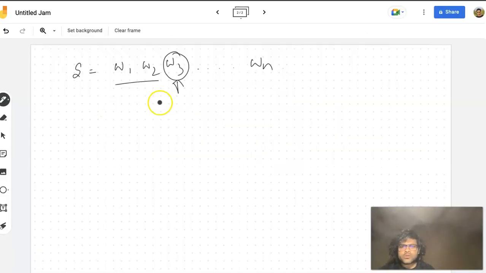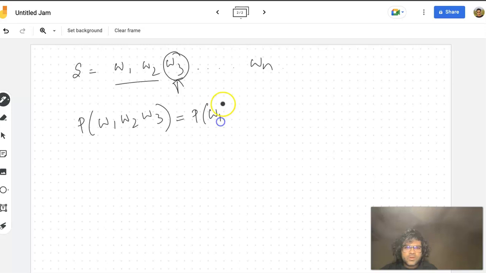To calculate the probability of W3, you also need to consider W1 and W2. So what is the probability of this whole string under the trigram model? This is P of W1. Before W1 there are no other words, so I'm just taking it as it is.